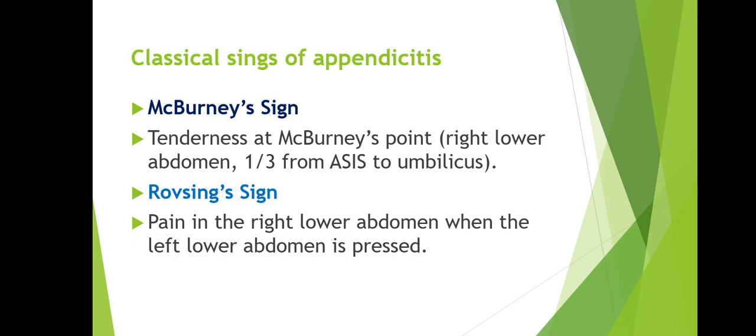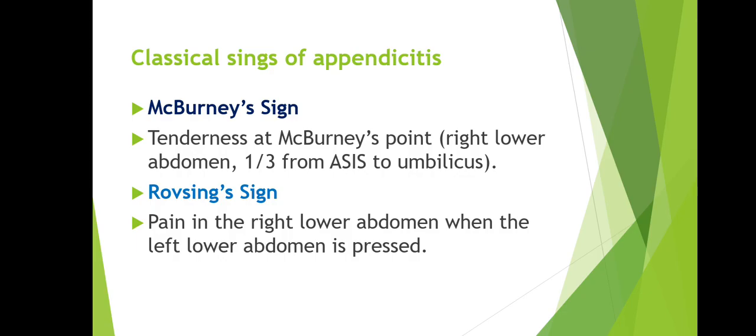Okay, in the right lower abdomen you are going to feel some pain, just about one third from the umbilicus. When you go to the right iliac fossa, someone is going to have some pain in that particular area, or rather tenderness.